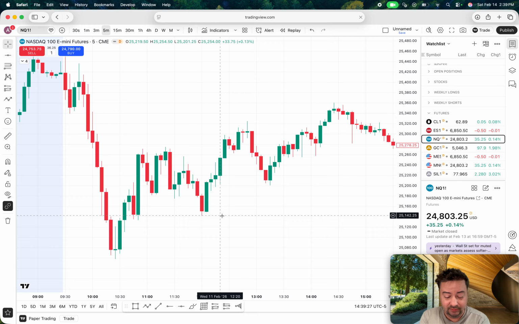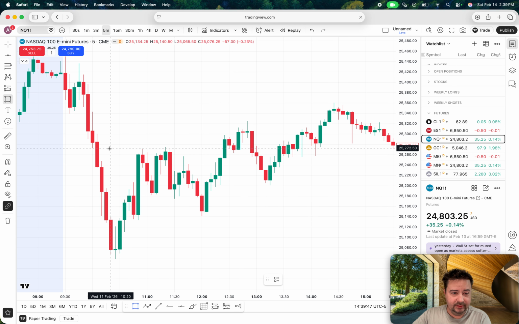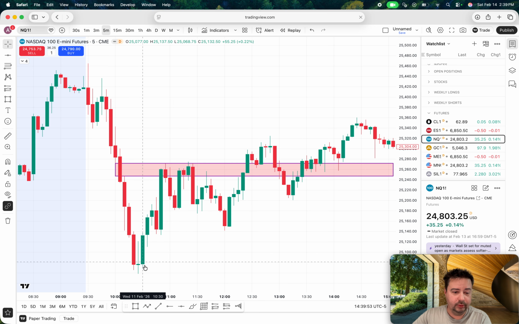Okay, if price revisits that range and we see buy or sell orders that come out of the range with the market sentiment, then we can assume that more orders are going to be filled within that price range. And that gives us an idea of what the market is going to do. And therefore, again, in this example, in this fair value gap, market sentiment was we were going lower.